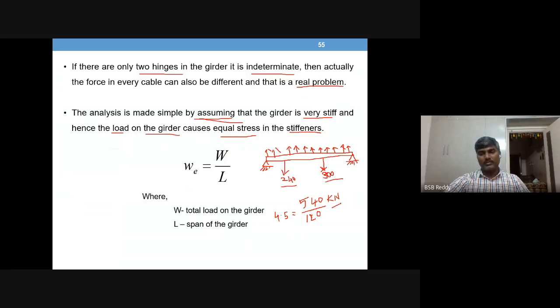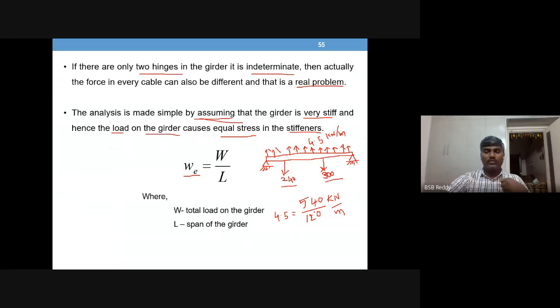This is your equivalent UDL. This is why we call it W suffix E, the equivalent UDL.